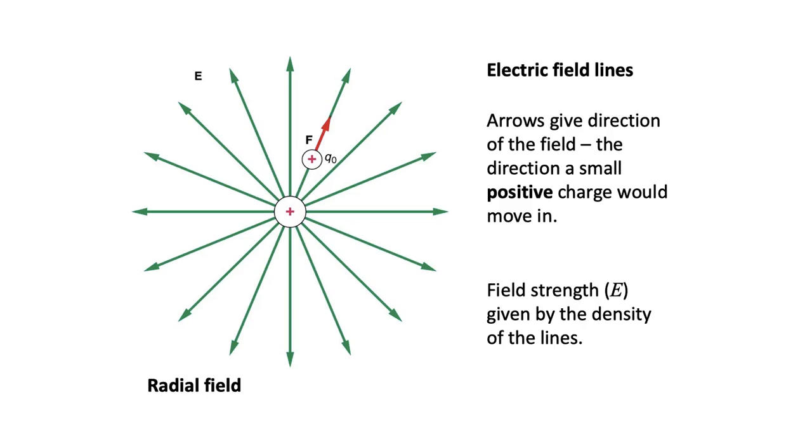Since our central charge is positive and our small test charge is positive, they will repel each other. They will repel in a straight line. So the diagram that we draw is a bunch of straight lines radiating outwards, and they have arrows, and the arrows represent the direction of movement of the small positive test charge, and they're moving away.